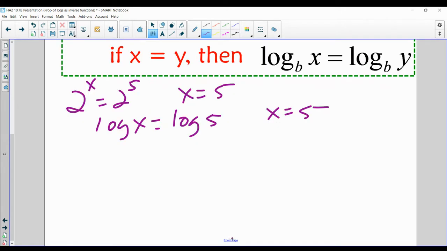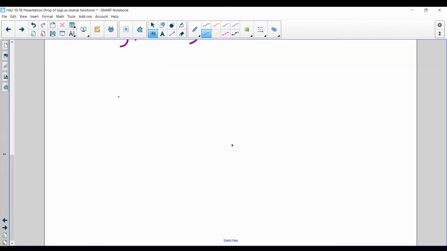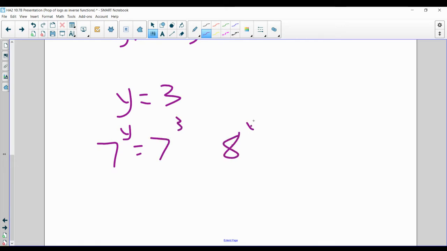Or vice versa, if I tell you that y is equal to 3, then 7 to the y would equal 7 to the 3rd, or 8 to the y would equal 8 to the 3rd, or 30 to the y would equal 30 to the 3rd. Those would all still be true. And then the same thing with the logarithm.